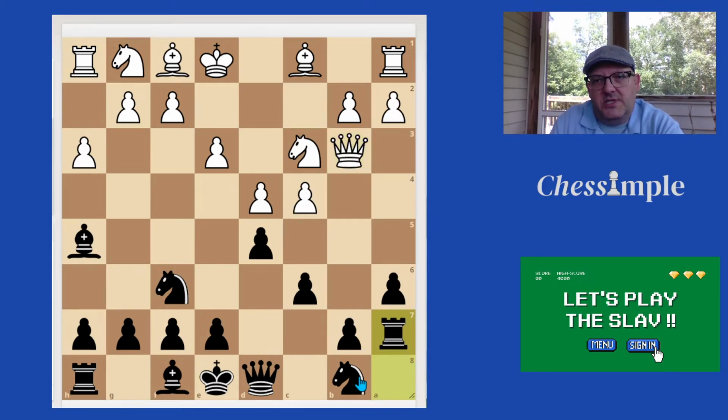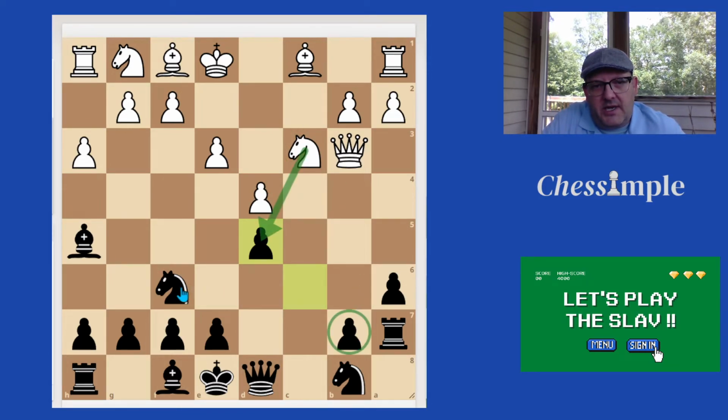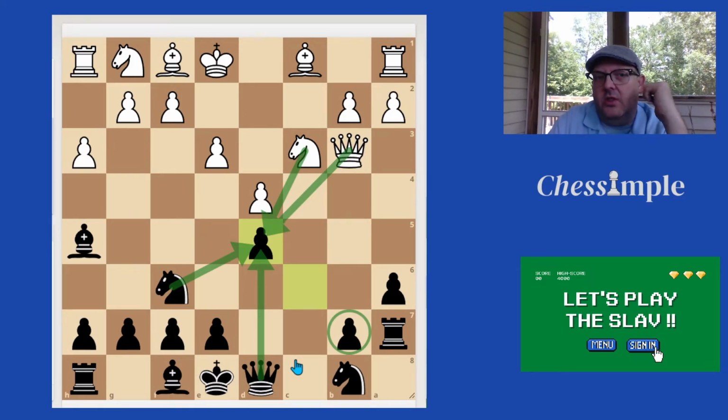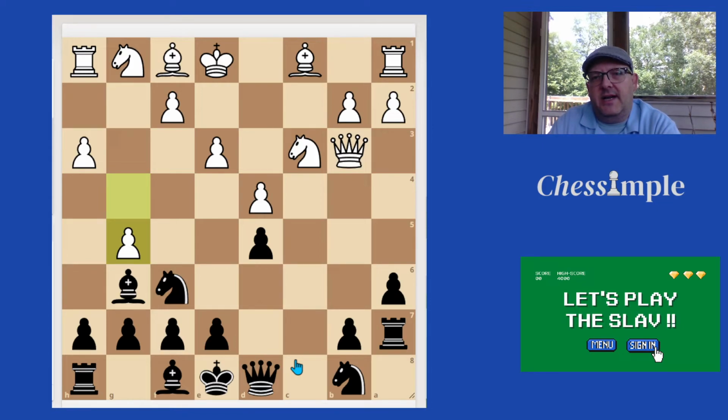Because if we play rook to a7, you think, okay, well, I'm okay here. My rook controls b7, and I have two pieces protecting d4 to counter their two pieces that are attacking it, until they play h3 and g4. We have to move the bishop out of the way, and they have this incredible resource of playing g5.